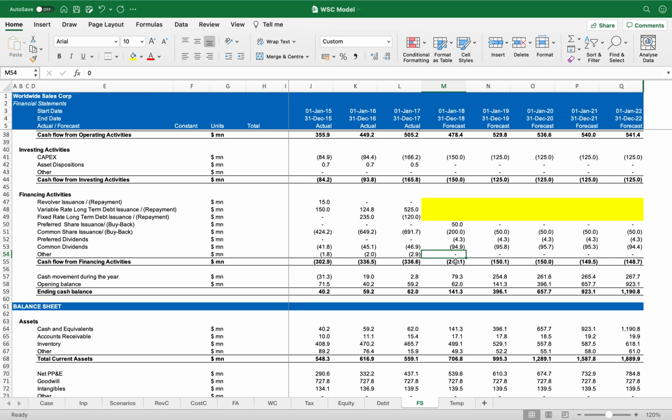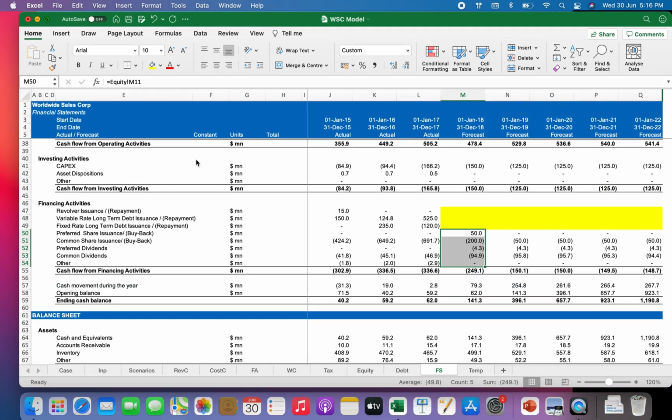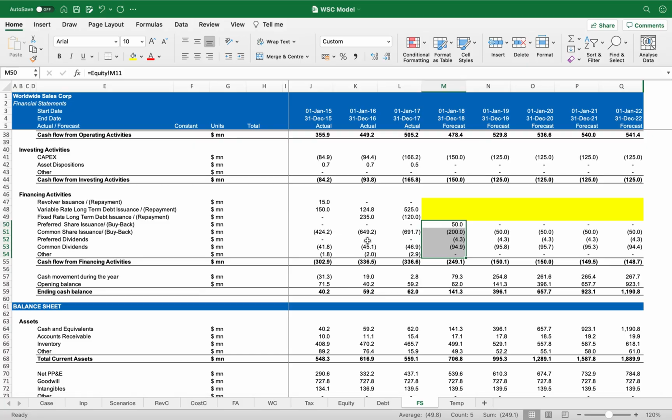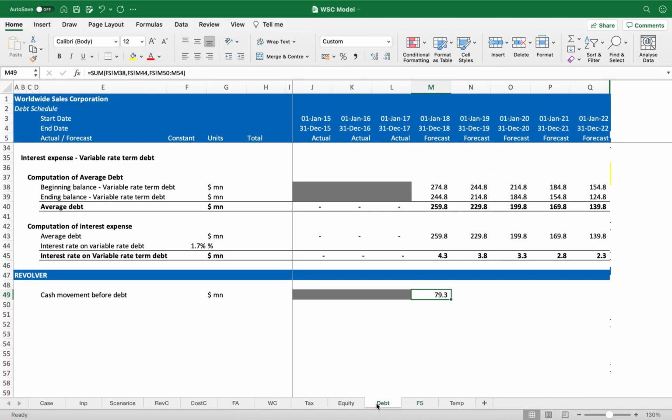We'll talk about why in just a while, okay? But always remember to link to the individual components except debt. Just leave the debt components and link all the individual components. So what you have is your cash movement before debt.